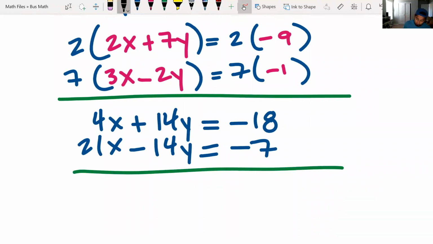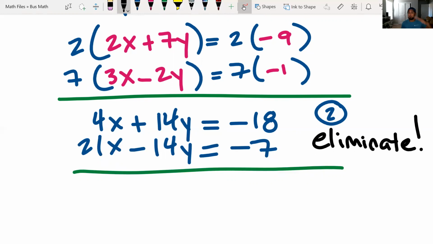Now here comes step 2. Eliminate. We want to eliminate, so we're going to add them together, right? We add them together. And when you add these together, 4x plus 21x is 25x. 14y minus 14y, right? 14y plus a -14y is canceled.